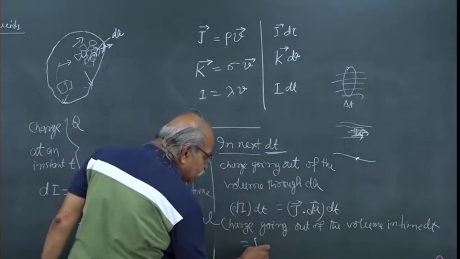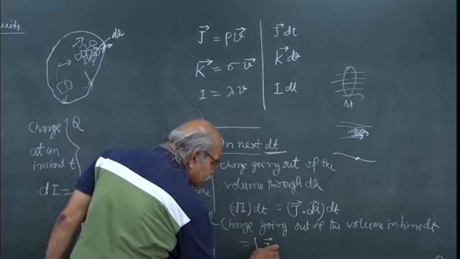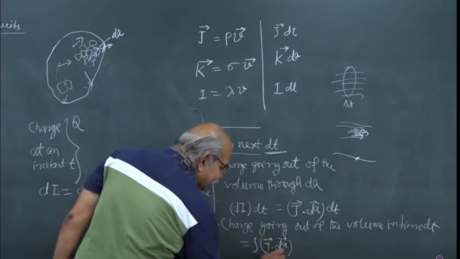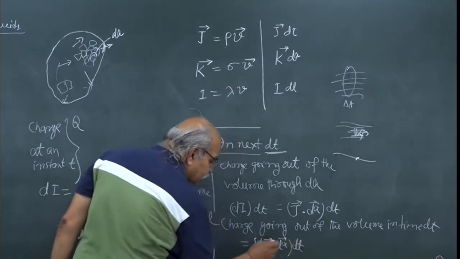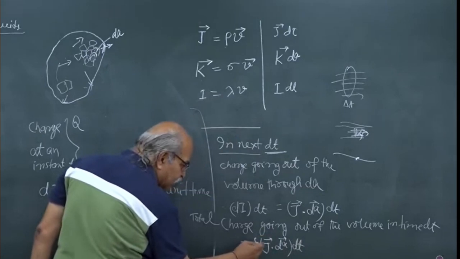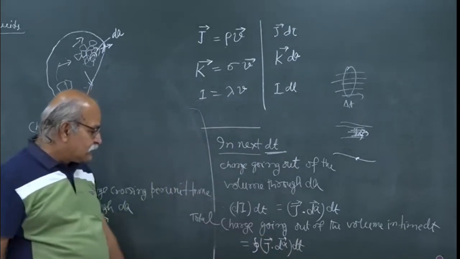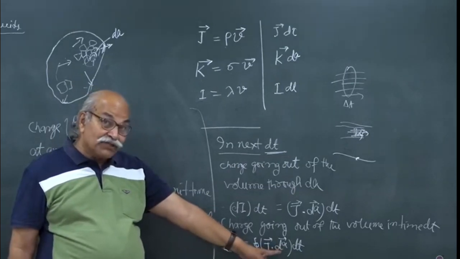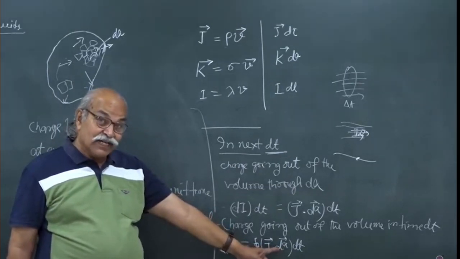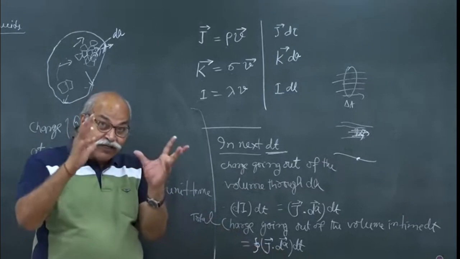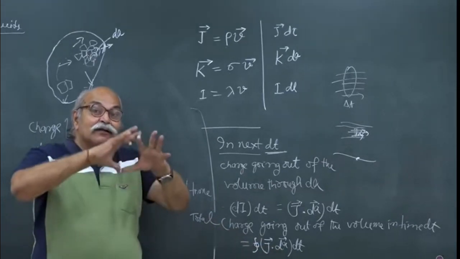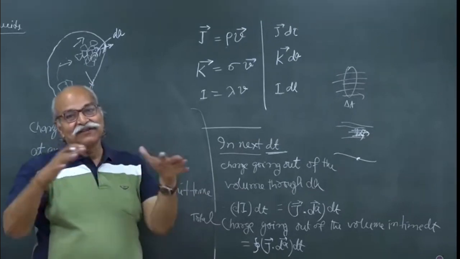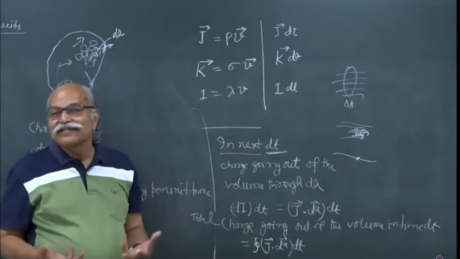So it is the integration of J dot dA times dt, and then we put a circle on this integration sign to tell that our surface is a closed surface, because it is enclosing a volume and therefore it is a closed surface. You also have open surfaces, but open surfaces will not enclose any volume.